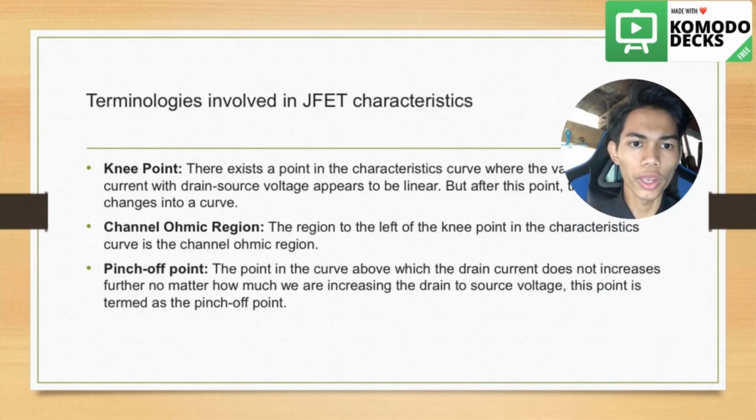Pinch off point: the point in the curve above which the drain current does not increase further no matter how much we increase the drain to source voltage. This point is termed the pinch off point.